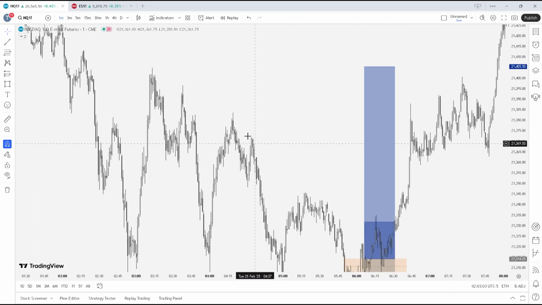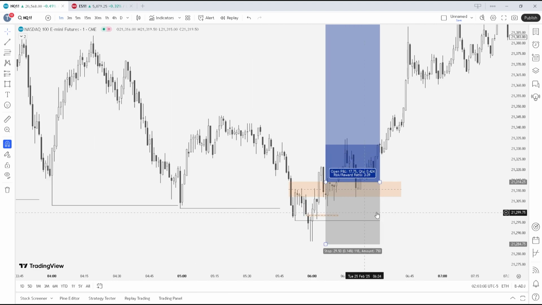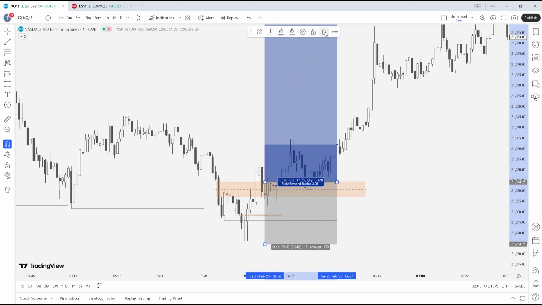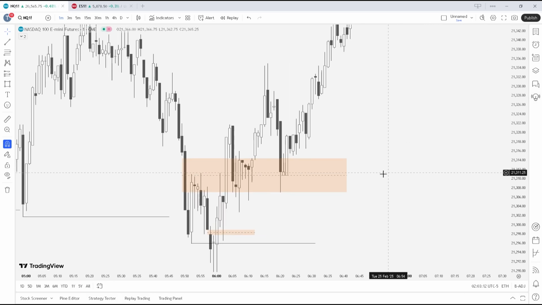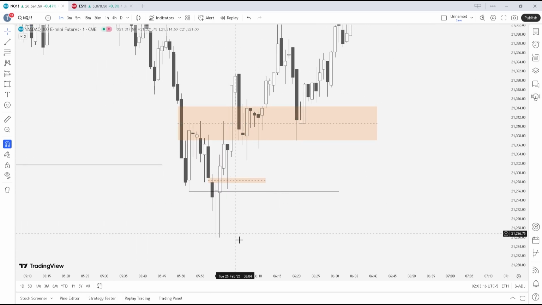And it would make sense that we want to go all the way back up here since we swept all of this liquidity, right? We have this BPR. And also, when you have a BPR, then this swing low right here becomes a protected low, and a protected low you wouldn't expect to get swept.